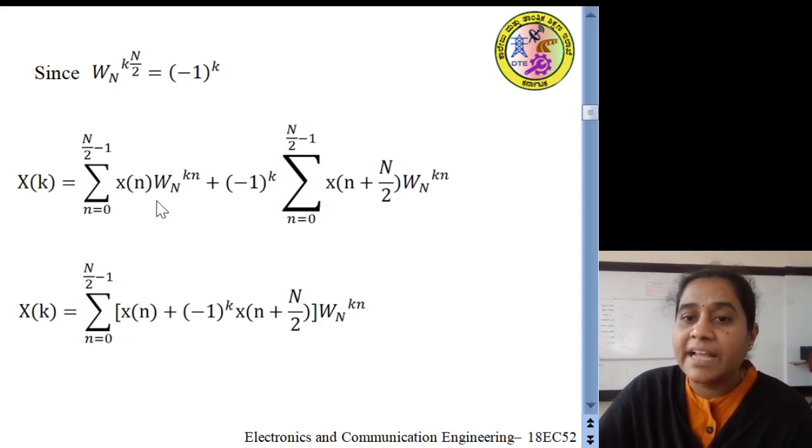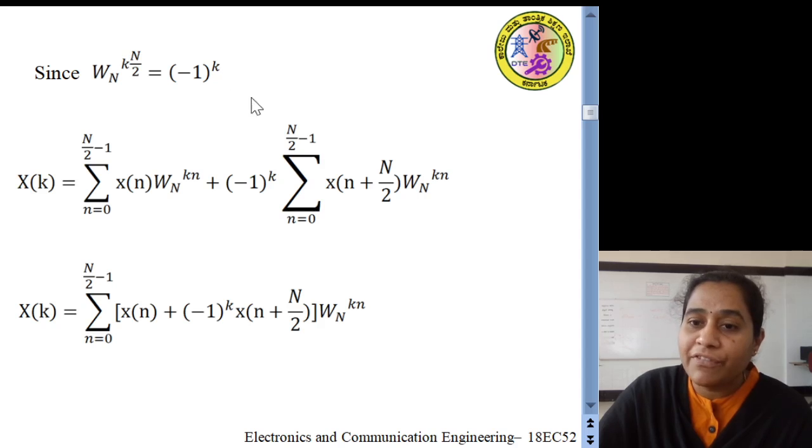summation n varying from 0 to N by 2 minus 1, x of n into WN raised to the power of kn, plus minus 1 raised to the power of k into summation n varying from 0 to N by 2 minus 1, x of n plus N by 2 into WN raised to the power of kn.